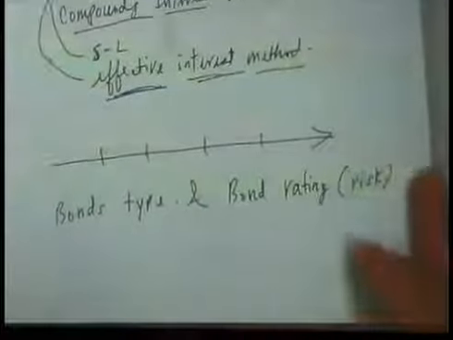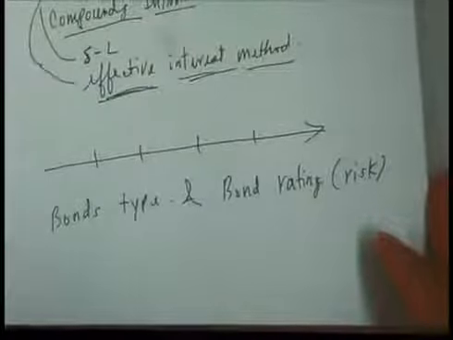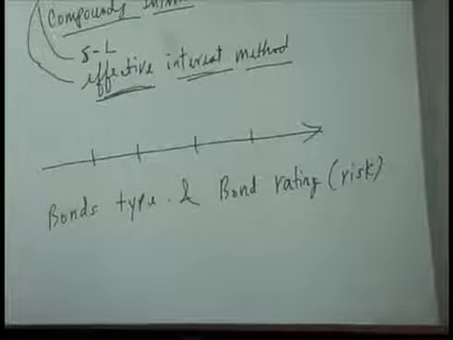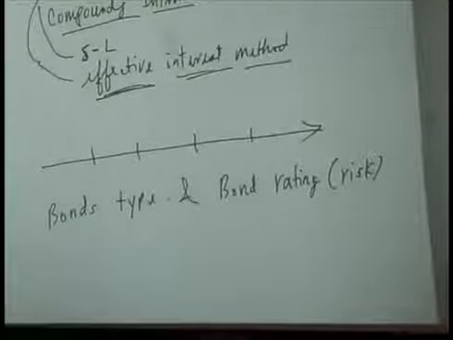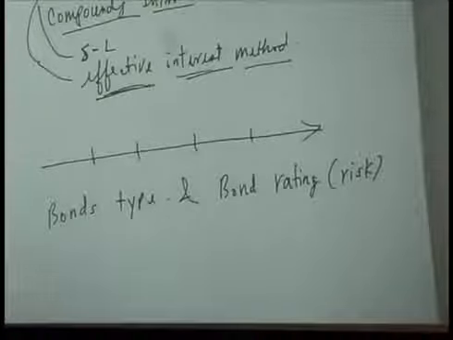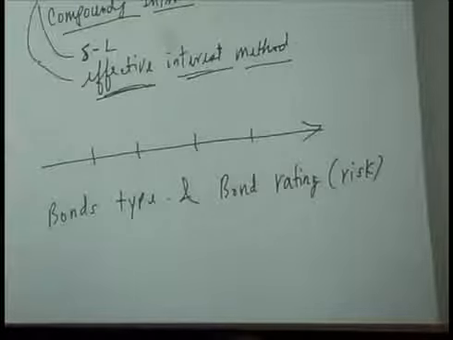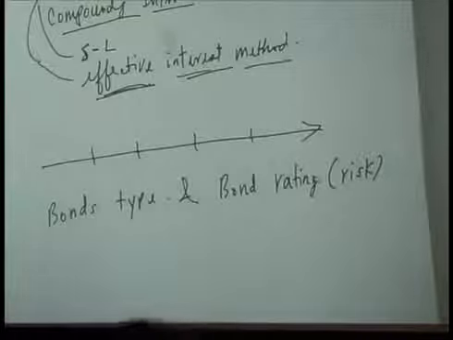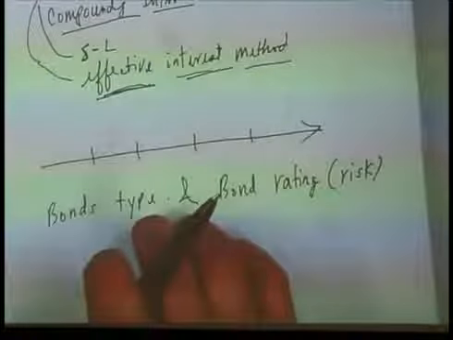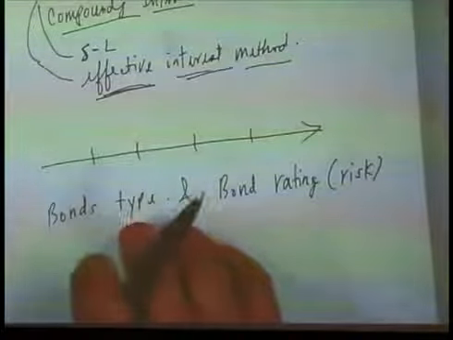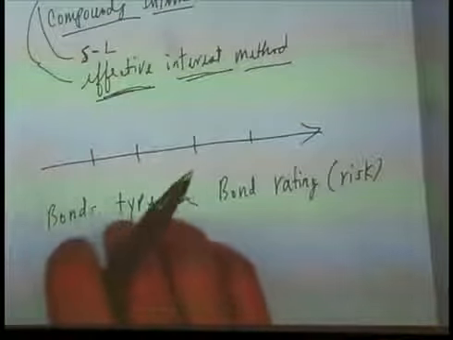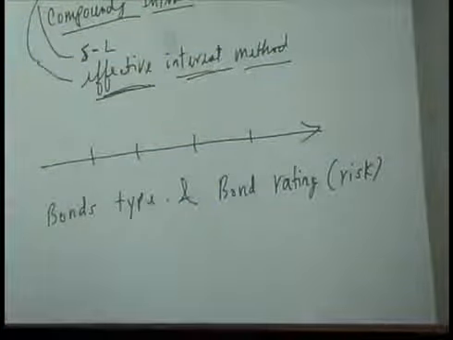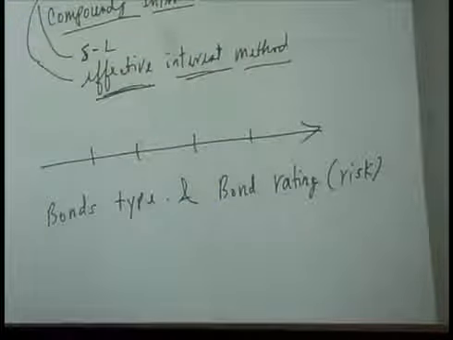That's another item that we have to talk about there. And then we're going to do some exercises in the textbook. So we're going to talk about debenture bonds, unsecured bonds, secured bonds, term bonds, serial bonds, convertible bonds, all those in the chapter. All right.